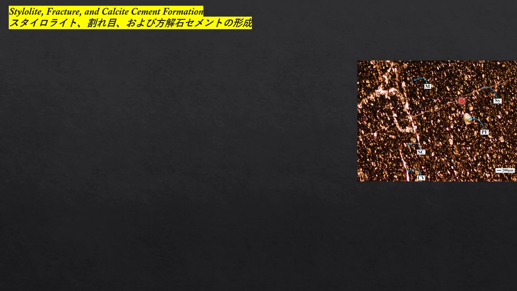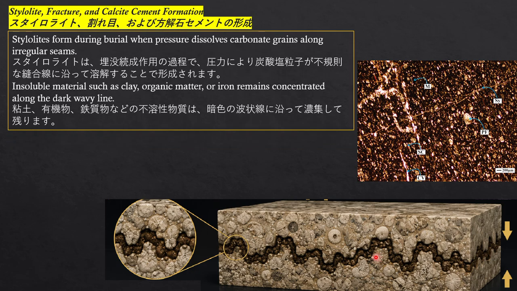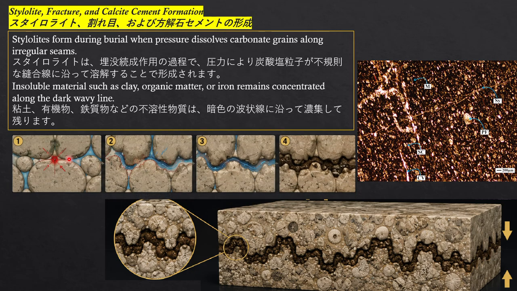Then we have a stylolite and calcite formation. So you can see stylolite is the zigzag, and the calcite cementation is white colored, which is the diagenetic fabric. So this is the stylolite zigzag. How does it form? Firstly the pore water, which is already present during the deposition, moves along the fractures of the grains and dissolves the grains.